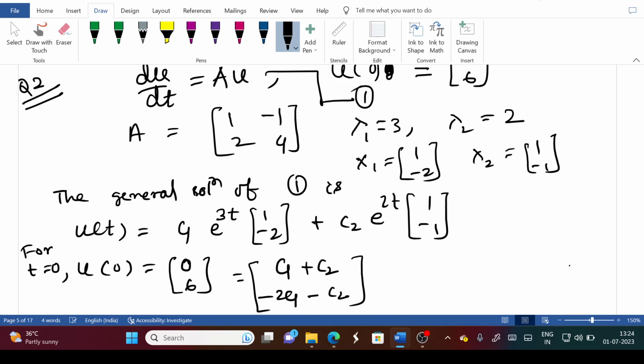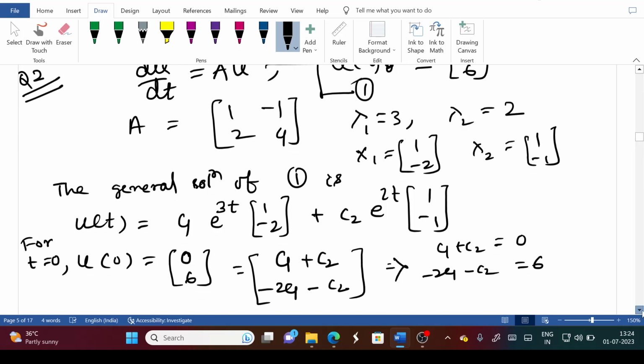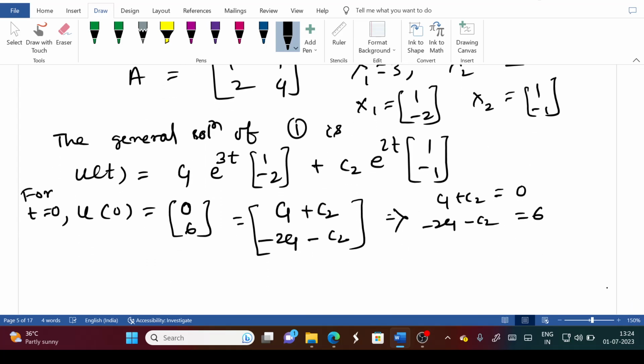So from here what did we get? This implies C1 + C2 = 0, -2C1 - C2 = 6. So adding these two, we get -C1 = 6. So C1 is equal to -6. We got it.